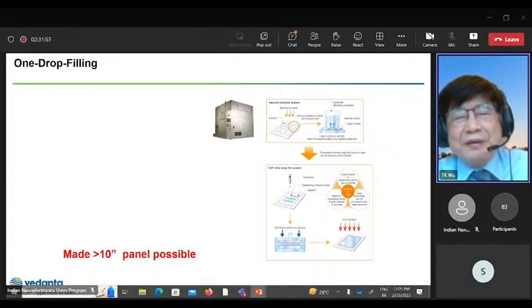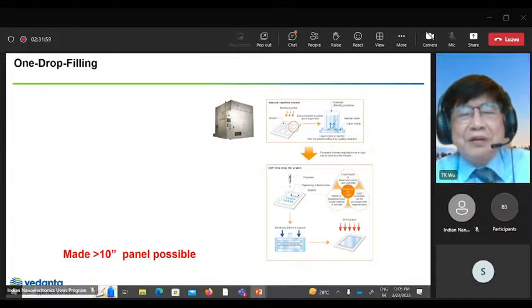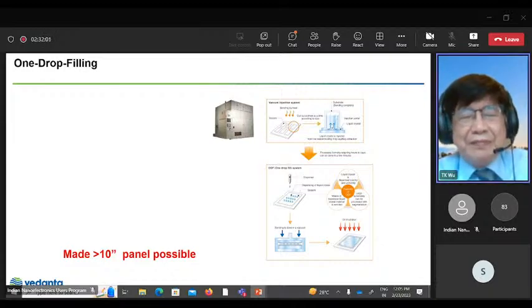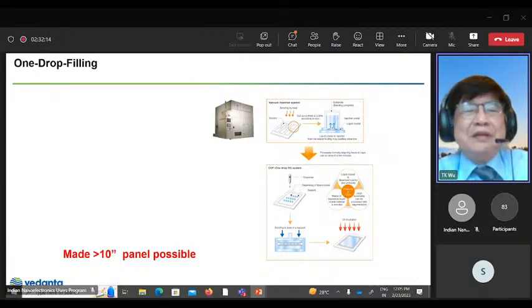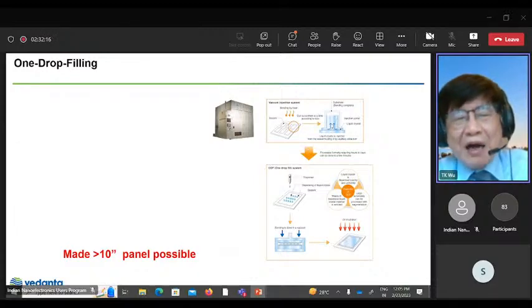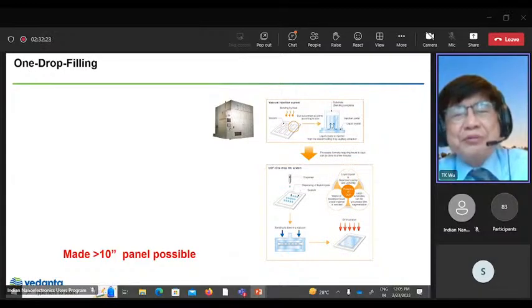The first one is the sealant. We have to use a UV curing method to cure it, because we cannot use a thermal method; thermal takes a long time, and the high temperature will kill the liquid crystal and the other devices. So we have to solve the sealant chemical material issue.